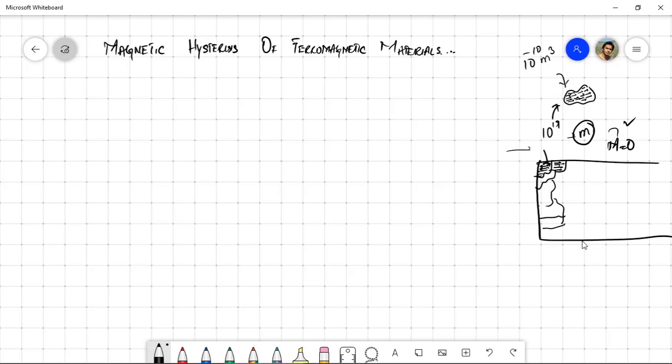Both of these domains will try to align themselves with it.